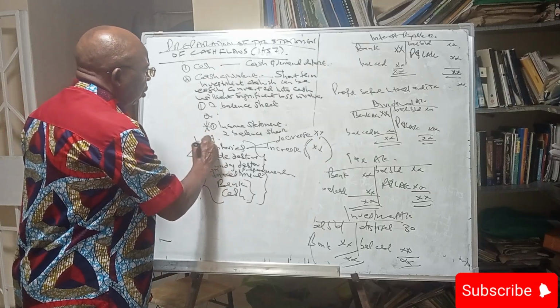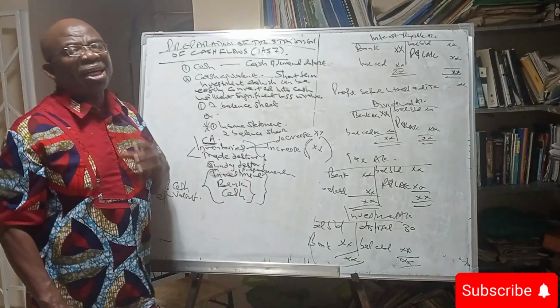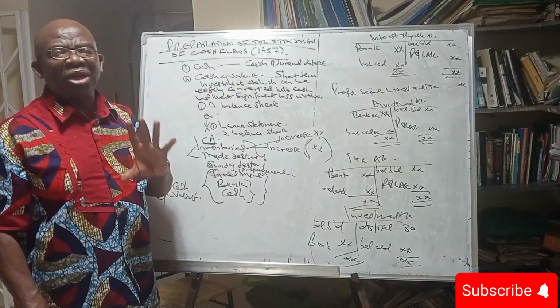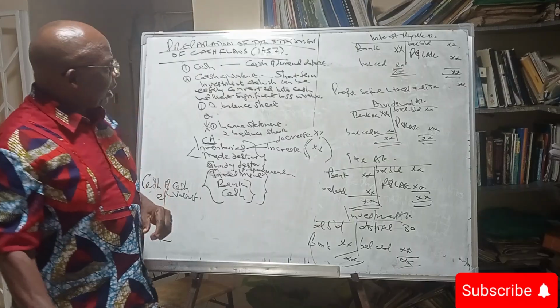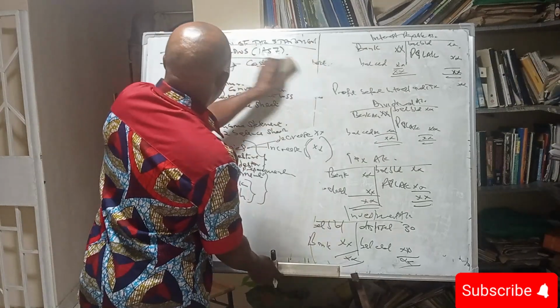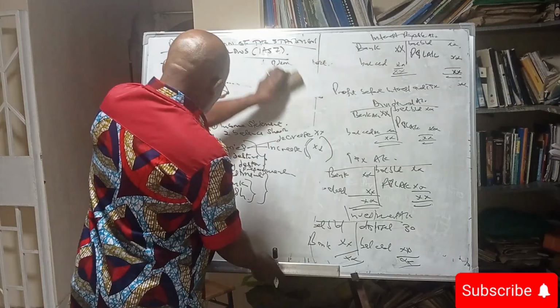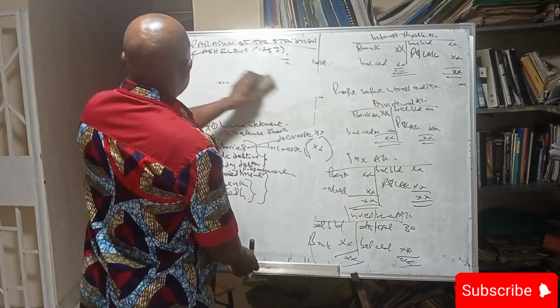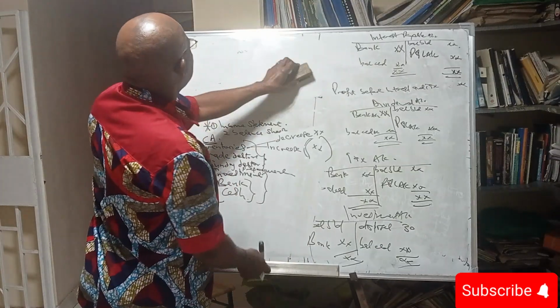We go down in our balance sheet. We are dealing with the balance sheet. Now that we are through with the current assets, we now go to the financing bit.